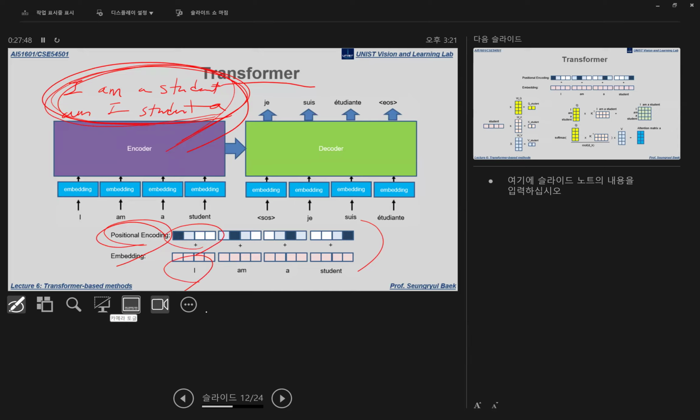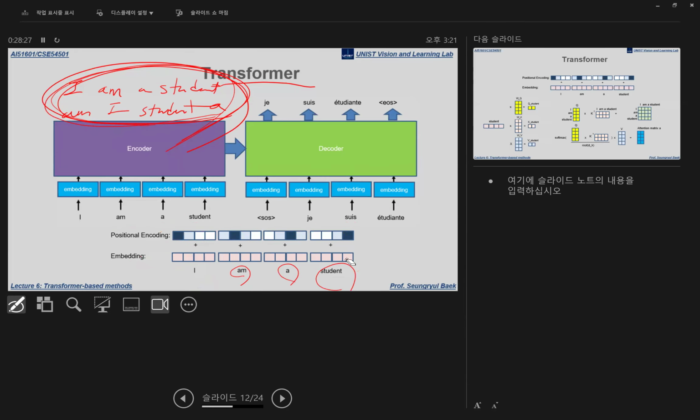I is the first word, so they make a vector of the same dimension as the I embedding vector, and highlight the first part because it is located in the earlier part of the sentence. And they make the next positional encoding vector for am like this because that's the second element of the sentence, and like this for the third word, having the highest value in the last part for student because that's the last word in the sentence.